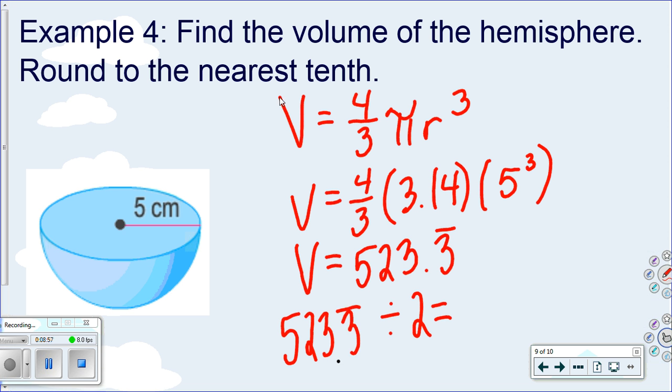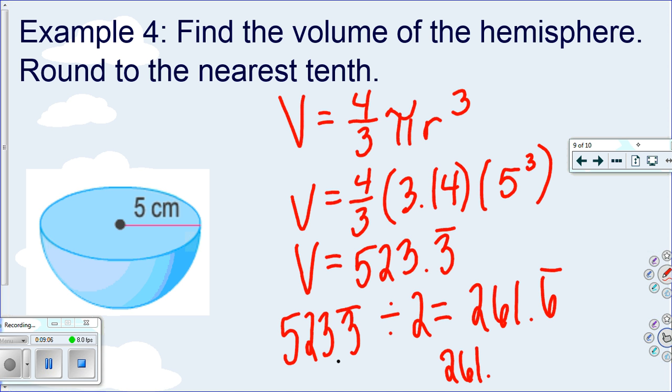And you get 261.6 repeating, which is 261.7. And what's my label? Centimeters cubed. Volume's always cubed. Sorry about that. Alright, go ahead. Try E and F on page 608.